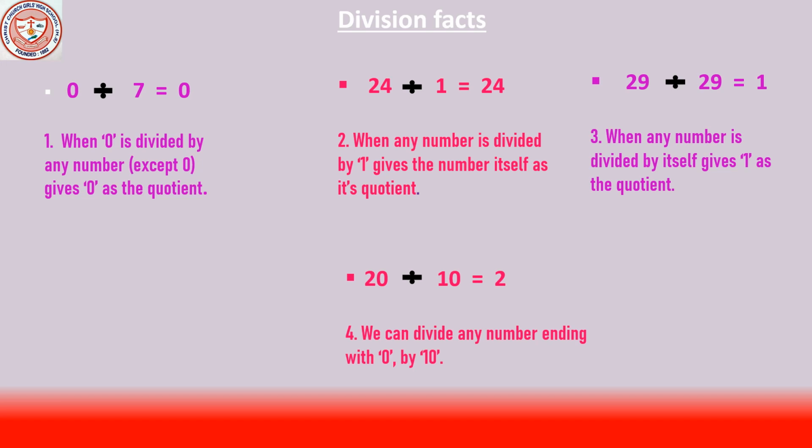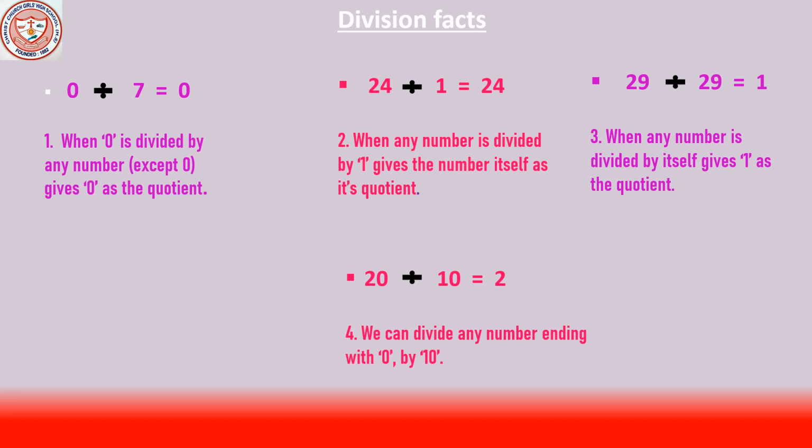It means when 0 is divided by any number except 0, it gives 0 as the quotient.